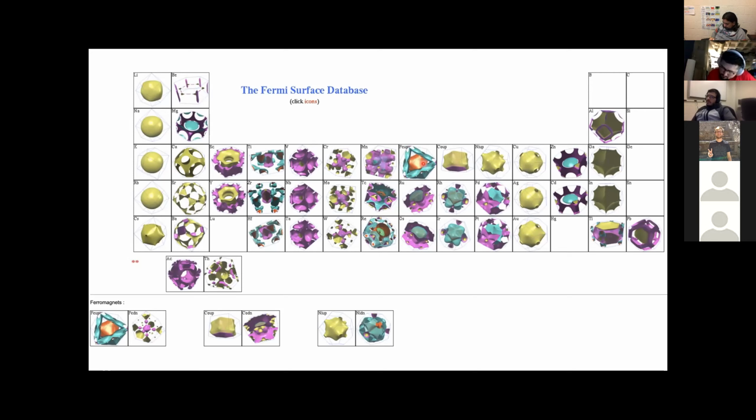So if you look at iron right here, this is the spin up and this is the spin down. So there are more electrons that are spin up versus spin down. The Fermi surface is very different. Other ones that are interesting, for instance, cobalt right here also has that, and nickel. Nickel is very different between up and down electrons, and those are the ferromagnets.